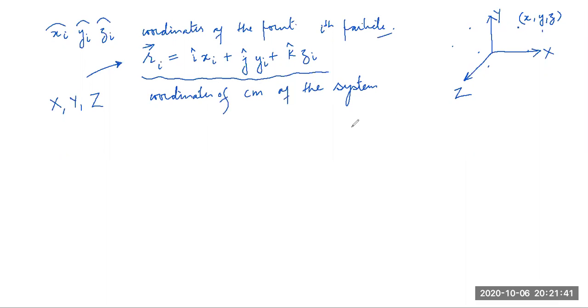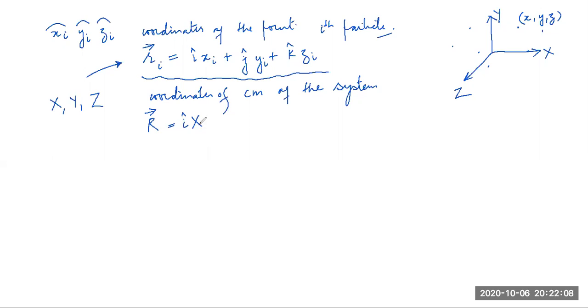So now what can we write? What will be the position vector of the center of mass? It would be equal to i cap x plus j cap y plus k cap z. Should I write xi or just x?